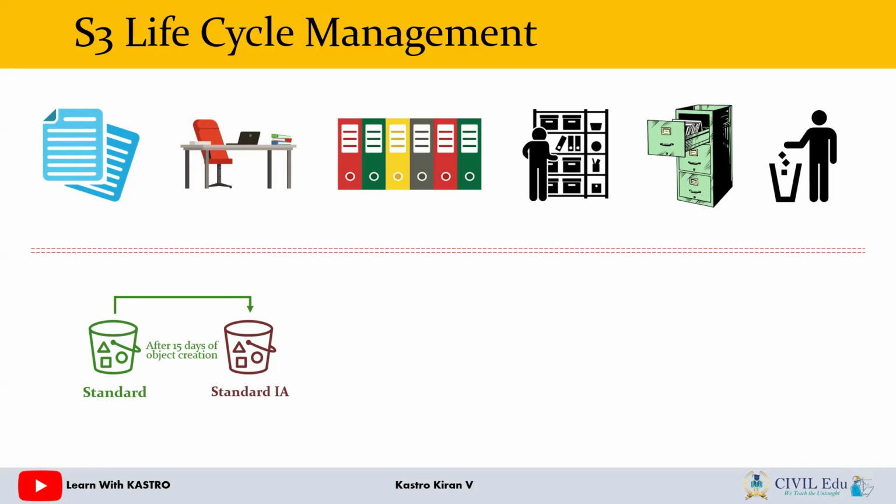So what is the scenario? After 15 days of object creation, whatever objects are available in the Standard storage class automatically have to move to Standard infrequent access. That's my requirement. Again, after 30 days of object creation, whatever objects are available in the Standard IA storage class, I want them to be automatically moved to another storage class, which is known as One Zone IA.